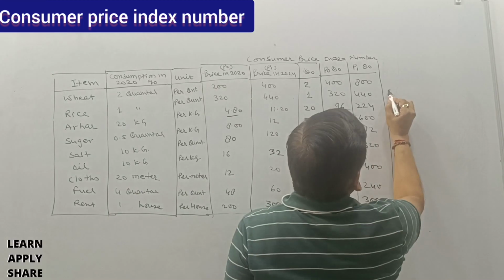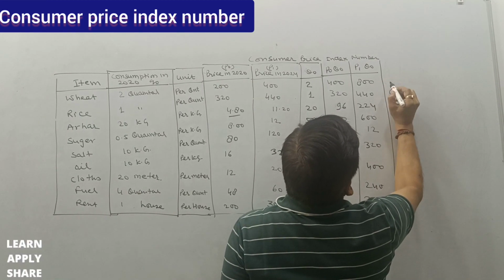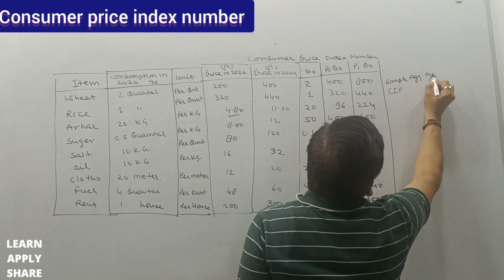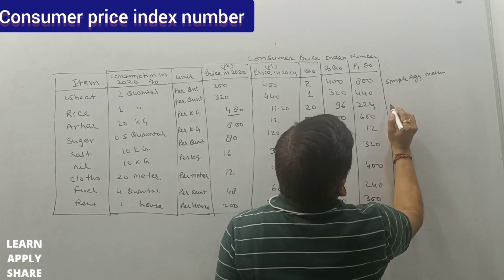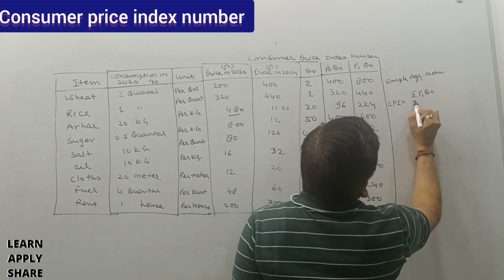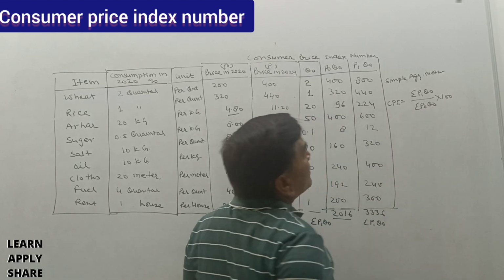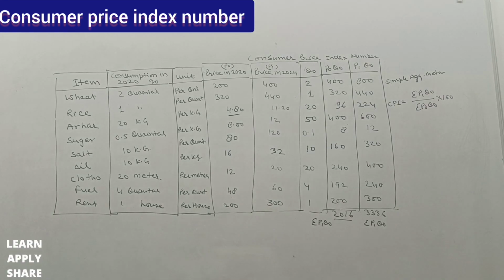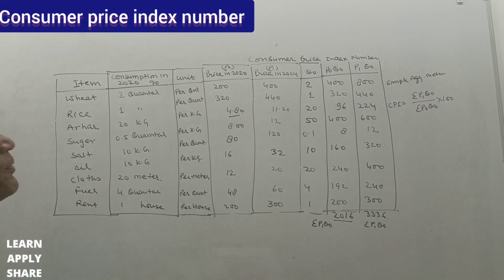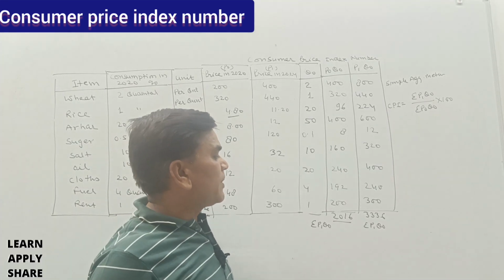So the consumer price index, simple aggregative method. The formula is consumer price index equals sigma P1 Q0 divided by sigma P0 Q0 multiplied by 100. The simple aggregative method is very simple, we just have to write the formula: sigma P1 Q0 divided by sigma P0 Q0 multiplied by 100.